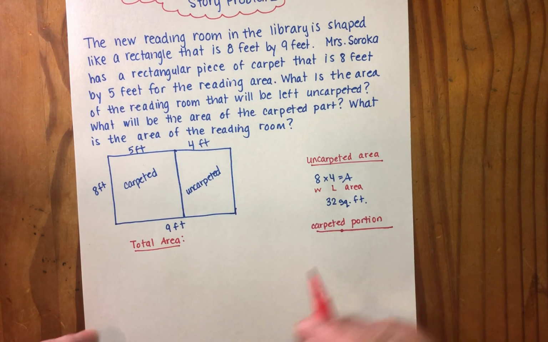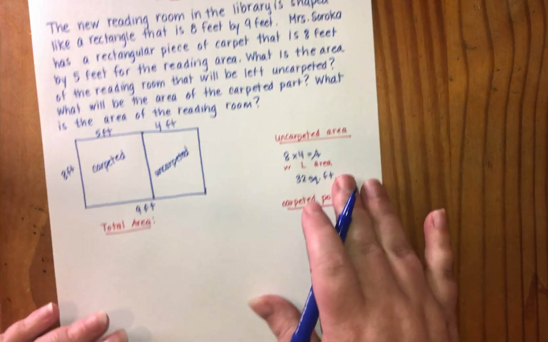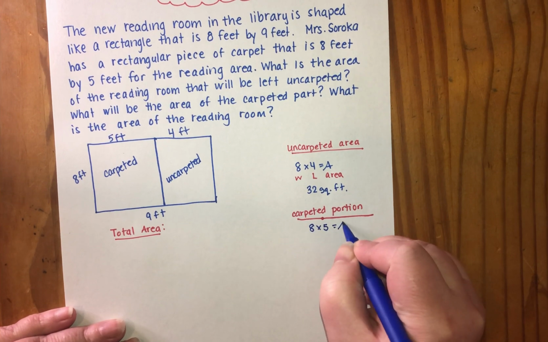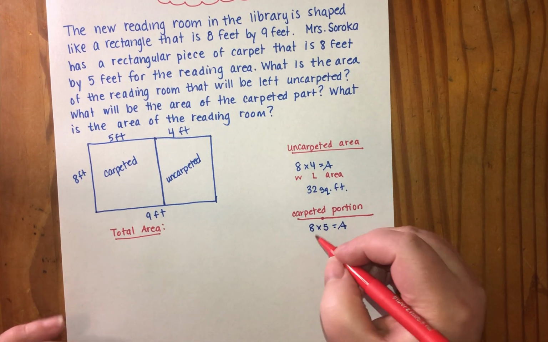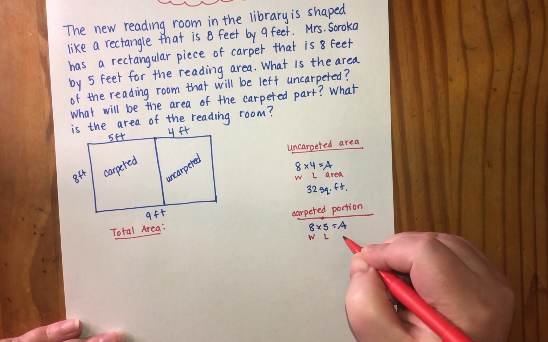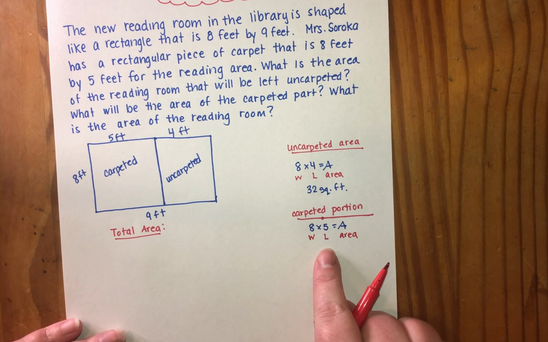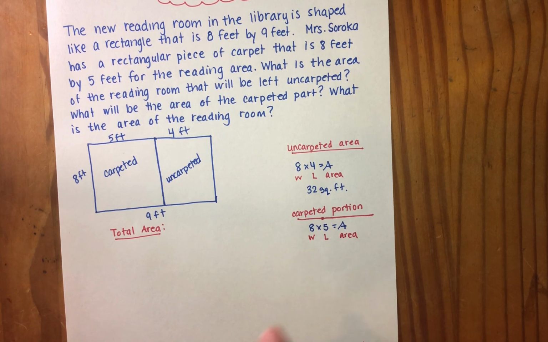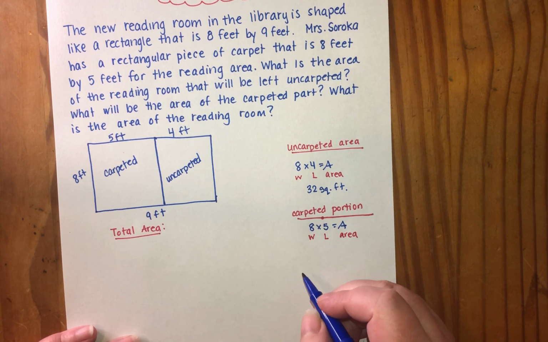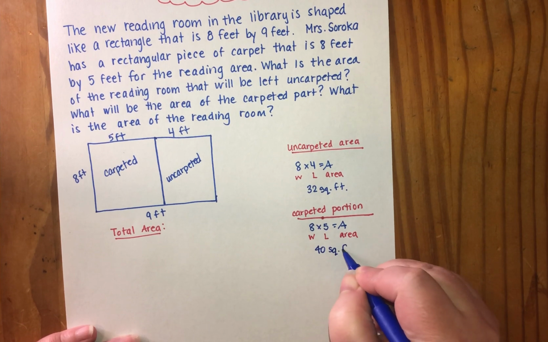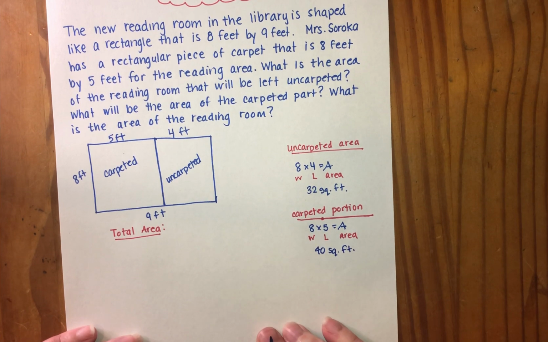So we can write the equation 8 times 5 equals A, where 8 is the width of the carpeted area and 5 is the length, and we're solving for area. So what is the area of the carpeted portion of the room? Say it out loud. Yes, 8 times 5 equals 40. So the area is 40 square feet.